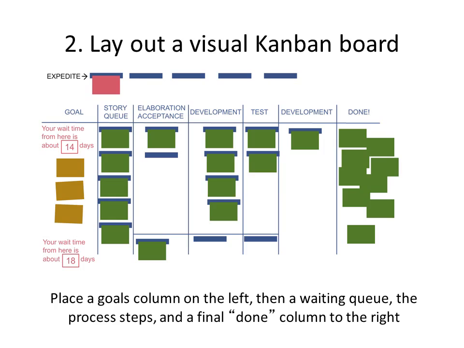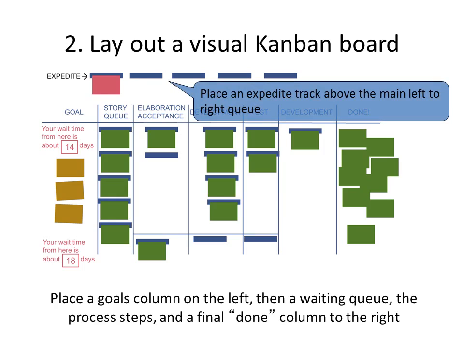Now there's another important part, which, in this physical board, is handled by creating a separate express lane at the top. It can also be done, let's say in an online system, by creating color coding for different lanes. So what is the express lane?